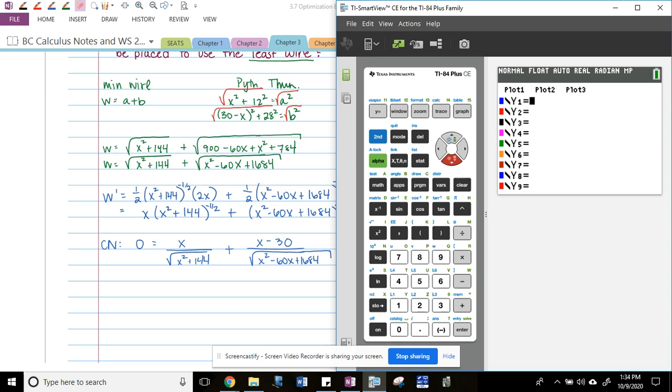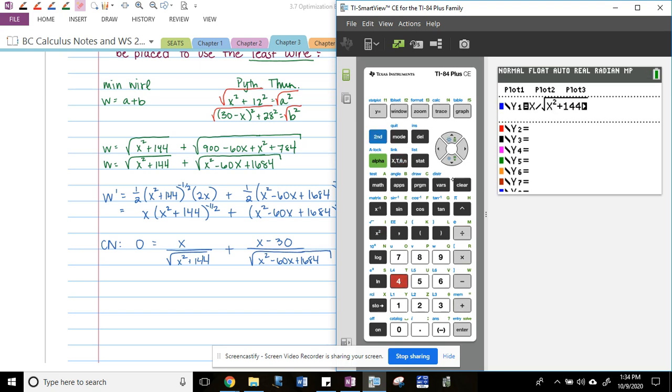So all I'm interested in is, where does this thing equal 0? X divided by square root of x squared plus 144 plus parentheses x minus 30 divided by square root of x squared minus 60x plus 1,684.